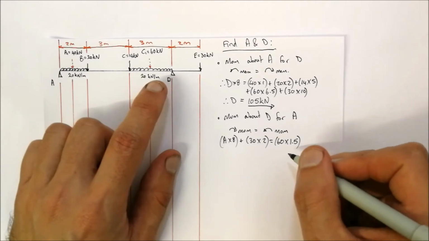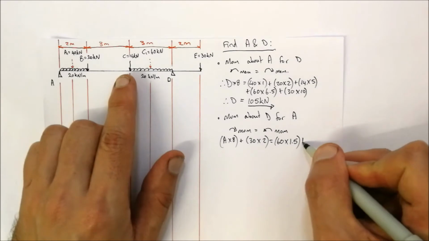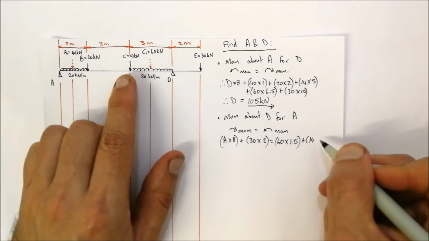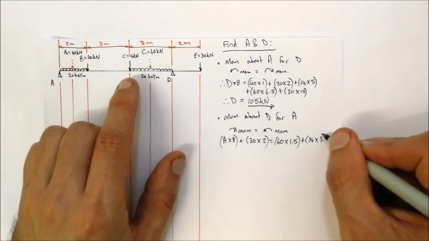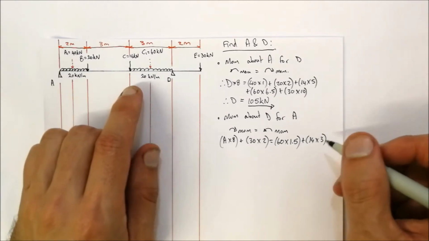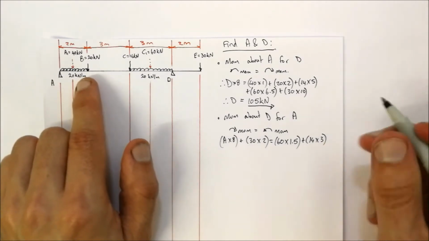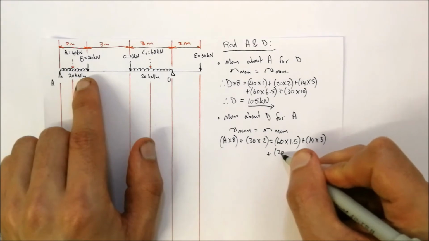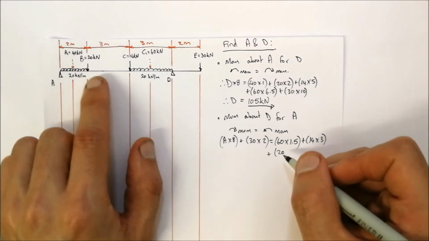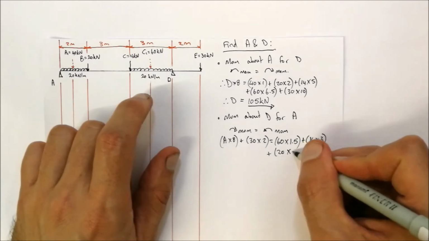Then, if we look on further, we've got C, so plus 14 kilonewtons, and that is 3 meters away. What other forces go in the anti-clockwise direction? We've got B, plus 20 kilonewtons, and that is 3 plus 3 meters away, so 6 meters away.